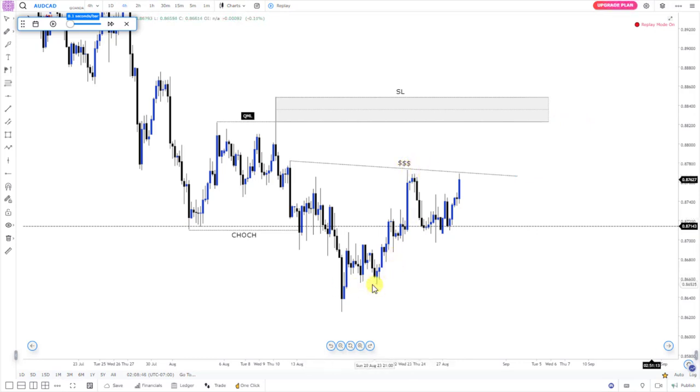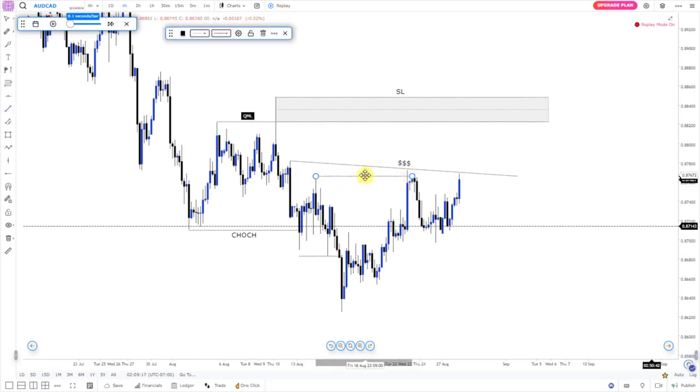Now if you look closely right here, what else can you actually see over here? What you can see is that we have this low, and this low took this particular area right here. So let me show you what I'm seeing at this particular area. You can see price takes this low, which is a sweep of liquidity, and price gives us a change of character right here. That's a very clean one.